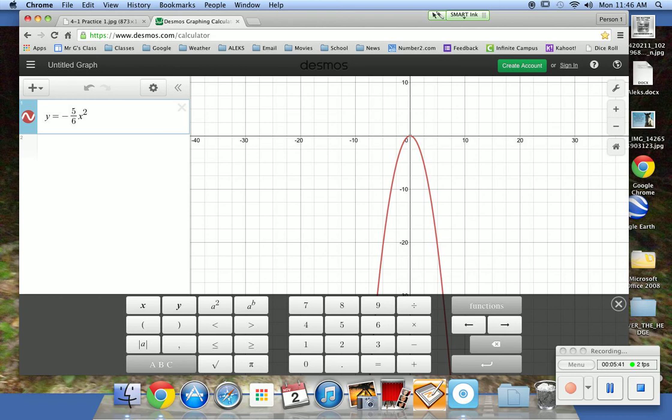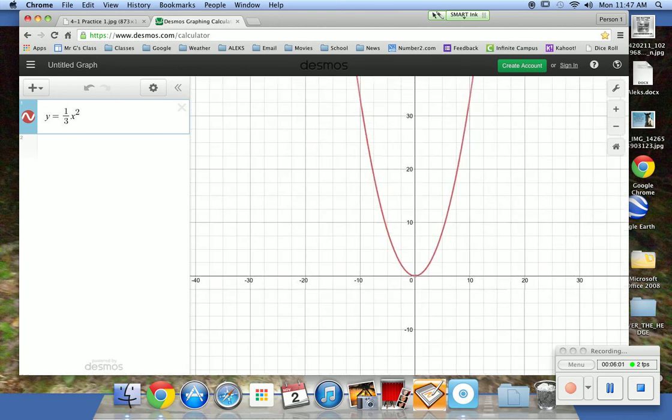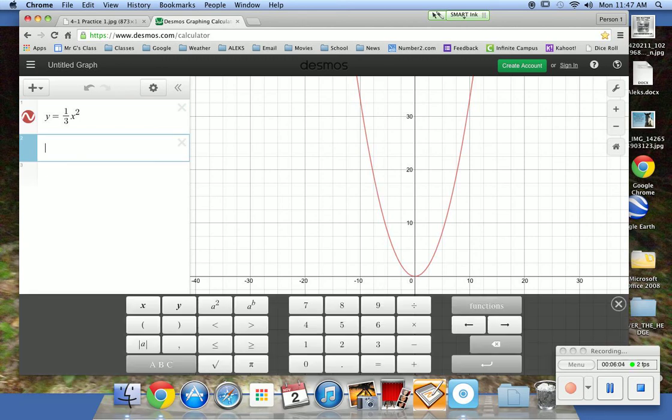Okay? This probably isn't a good fraction. I'm going to go back the other way and I'm going to just graph one here. Let's put 1 divided by 3 into that and see what happens. Let's grab another one. Let's put just y equals x squared, so you guys can start looking at what these start to do, right?